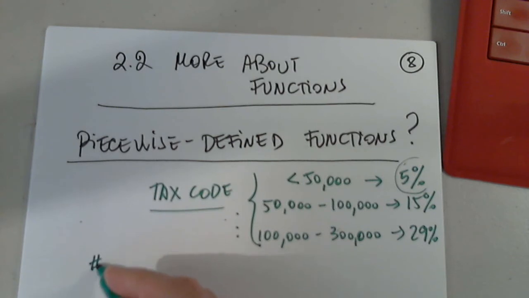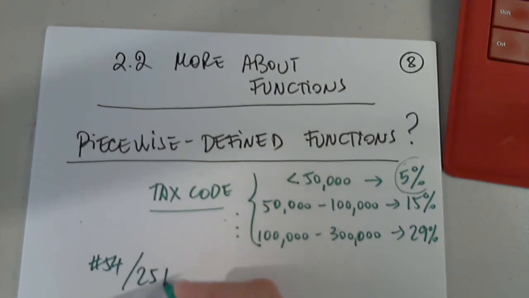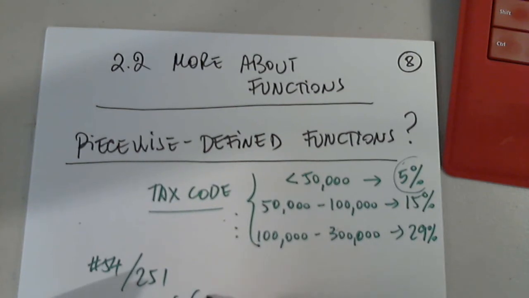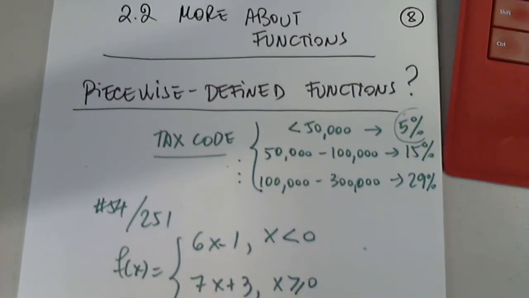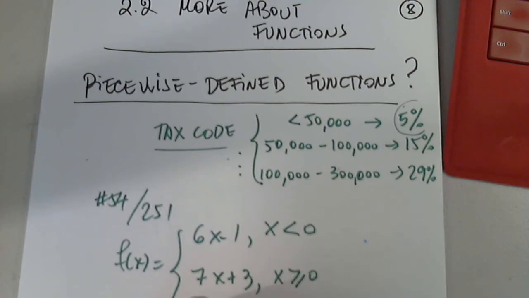Let's say 54, and then we'll stop. Page 251, and we have f of x, 6x minus 1 if x is less than 0, and 7x plus 3 if x is greater than or equal to 0. The problem is only asking us to evaluate. I'm going to move on and say graph the function.